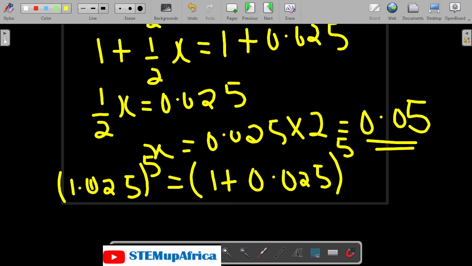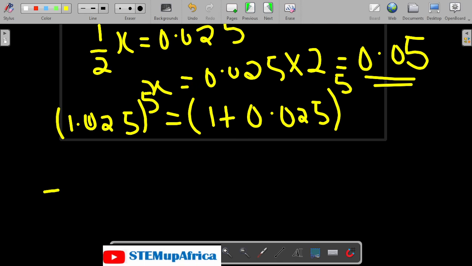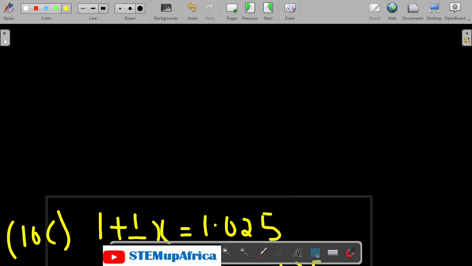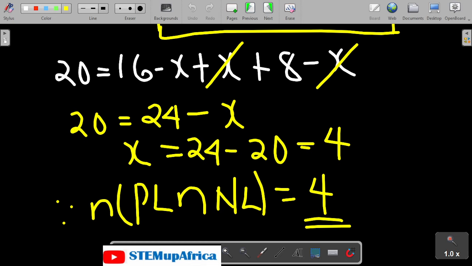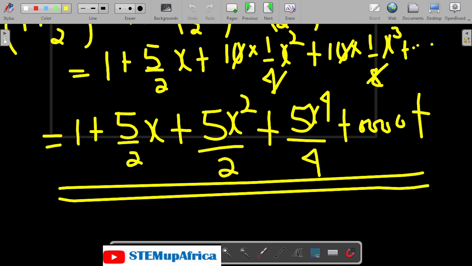Okay, so what does that imply? So let's substitute our x. You put it back into the original expression, which is the expression we substituted into.